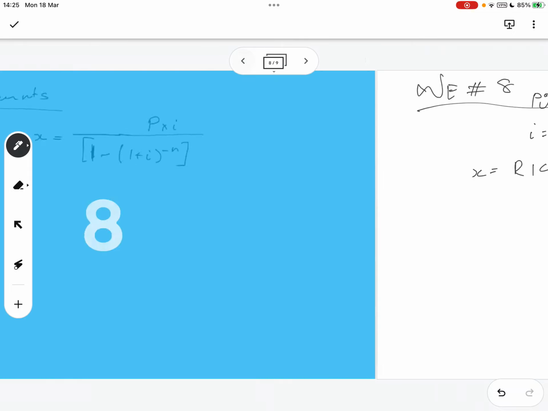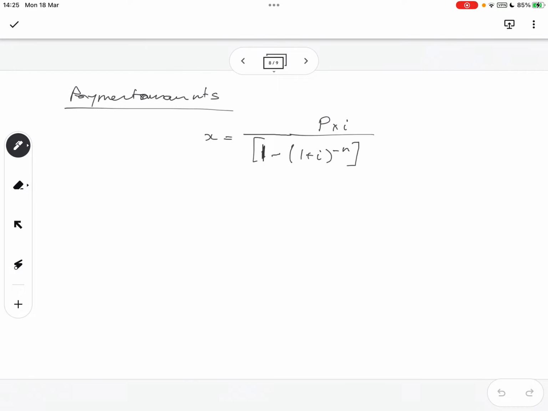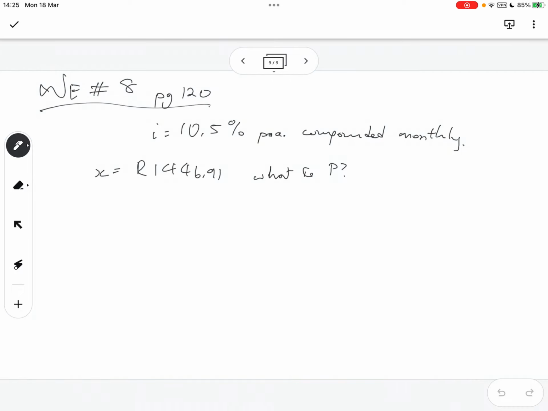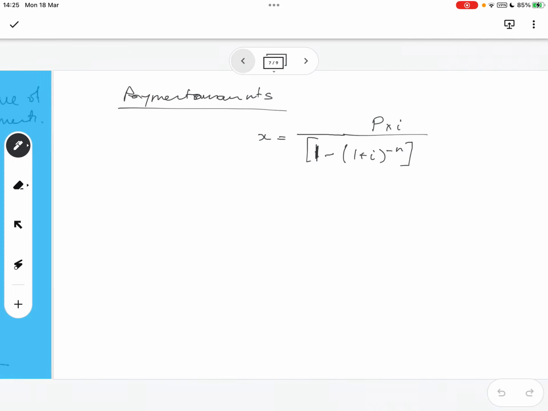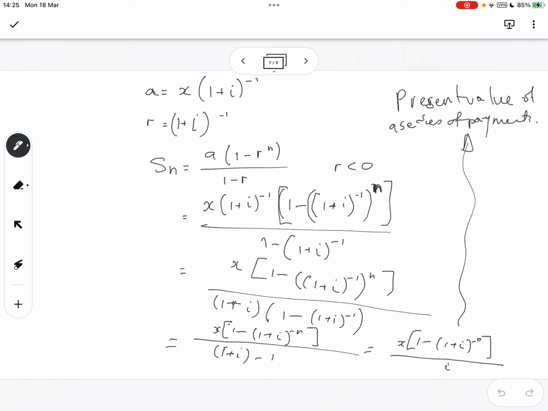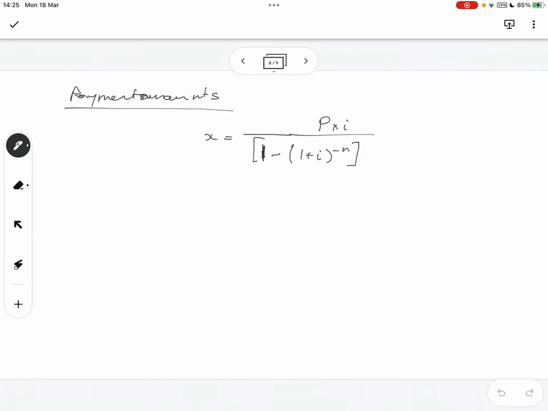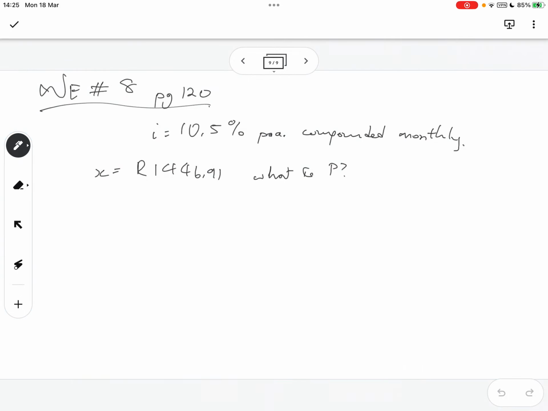So what is P? We're looking for P. Alright, so we know that our present value is x into 1 minus (1 plus i) to the power negative n, all of this over i.